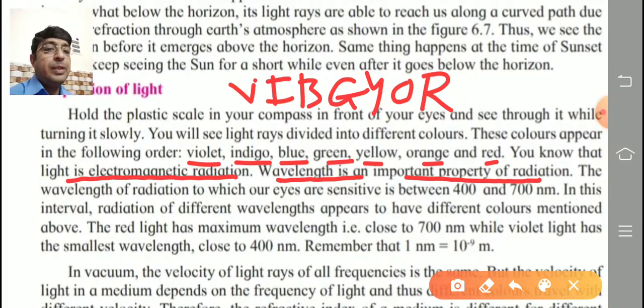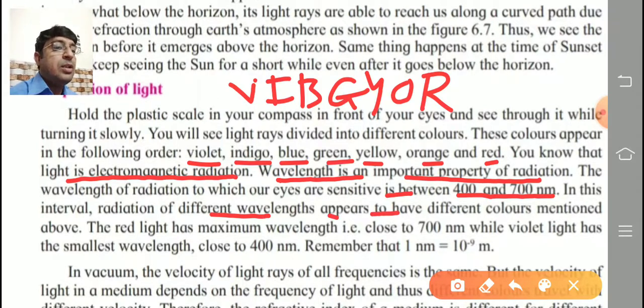The wavelength of radiation to which our eyes are sensitive is in between, underline, what is the range? 400 to 700 nanometer. Only this light we observe with our naked eyes. That is the range. In this interval, radiation of different wavelength appears to have different colors mentioned above. These are the colors.